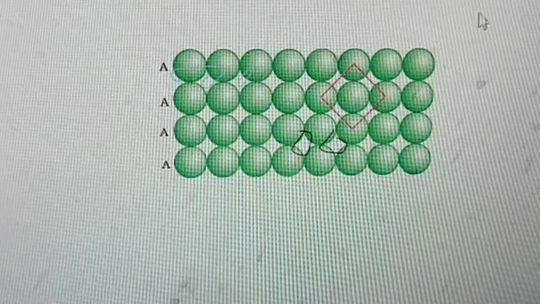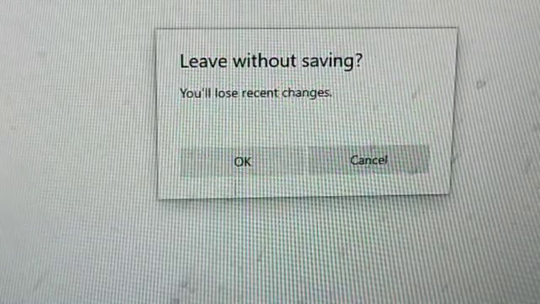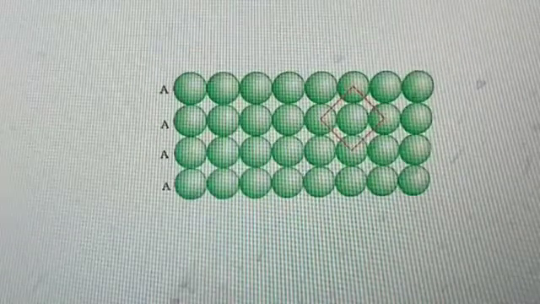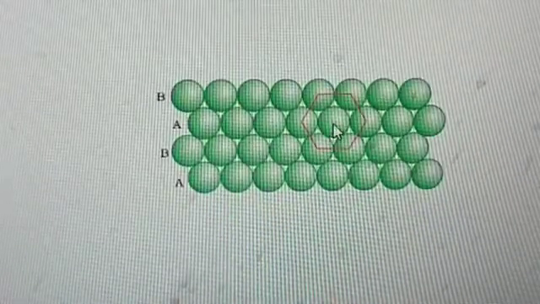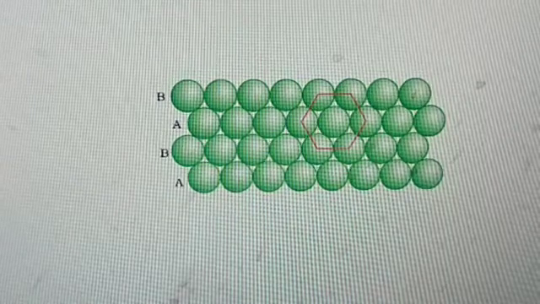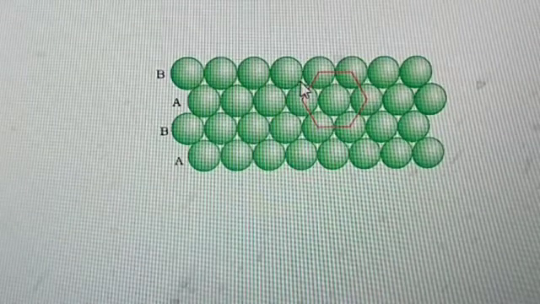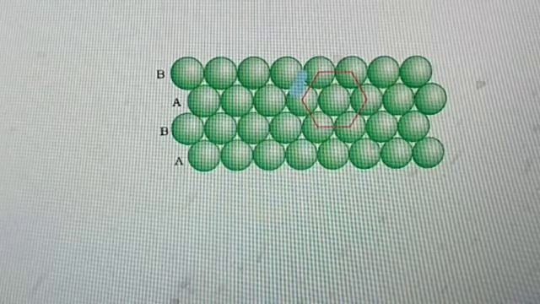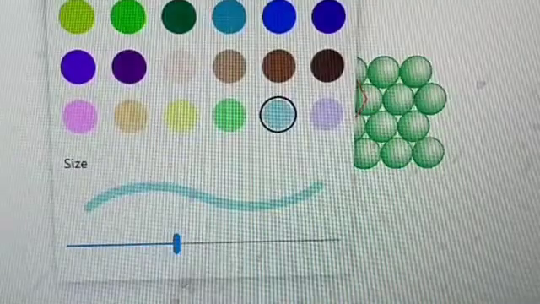But if you take this, whereas in this second AB type of arrangement, what is happening? In the AB type of arrangement, the free space is very less. When we compare with the AA arrangement, here the free space is very less.